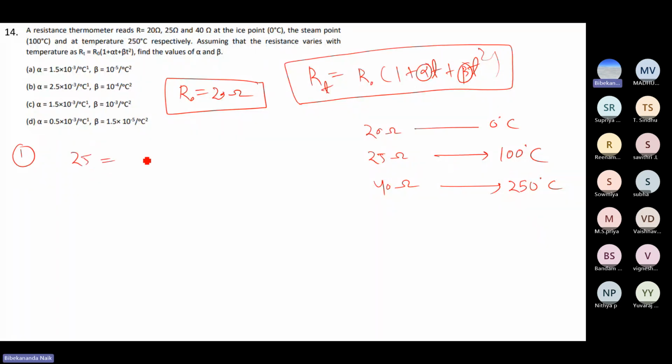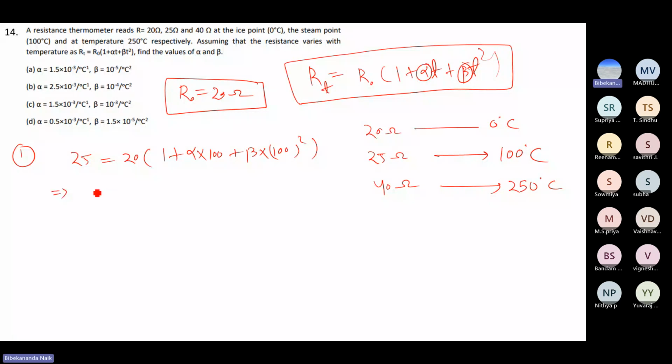25 equals 20 into 1 plus alpha into 100 plus beta into 100 square.